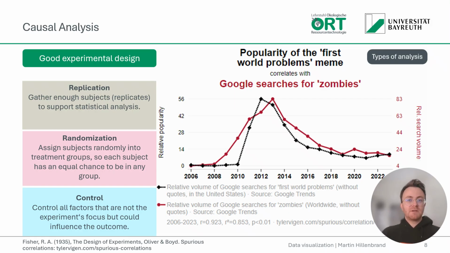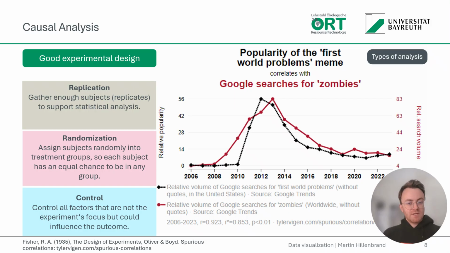So if this is shifting, that might influence the results, and if you don't control for that, for example, you measure the temperature within your lab, and if you don't do that, you have an influence from outside on your experiment, and that way this would influence your results.